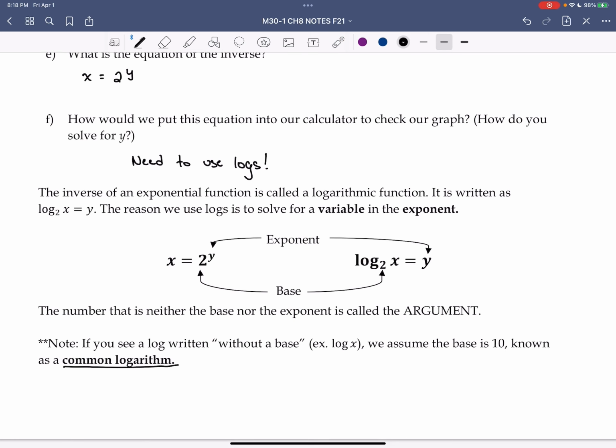So common logarithm is log base 10. So log x, there's no subscript here. Means base 10.